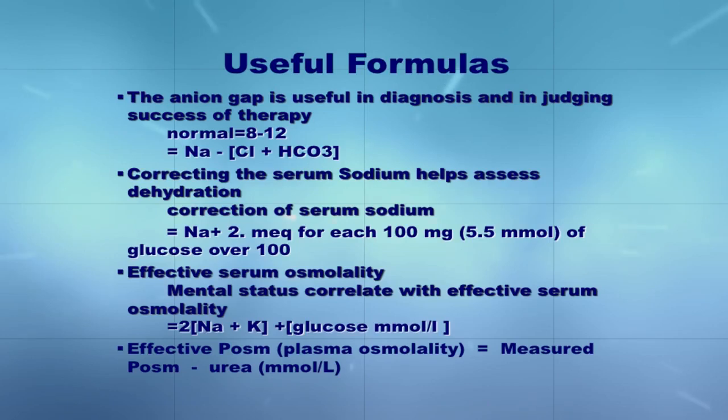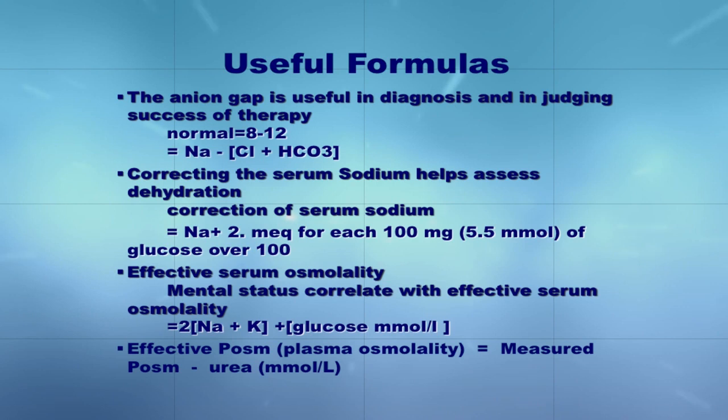The other formula that one should be aware of is effective serum osmolality. Effective serum osmolality, these are the osmoles that are responsible for the symptoms and that correlate with the severity of hyperglycemia.